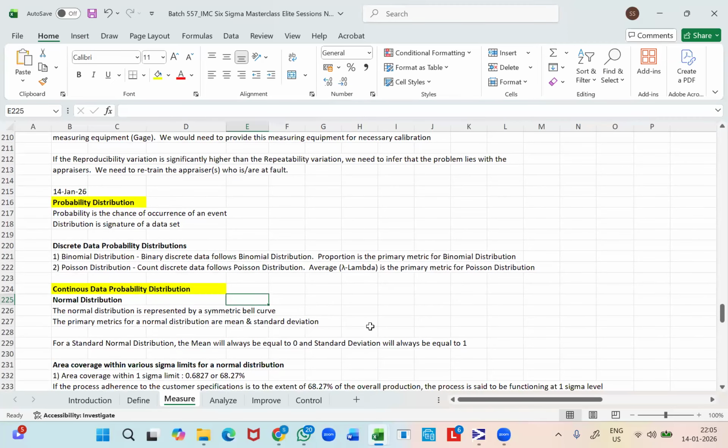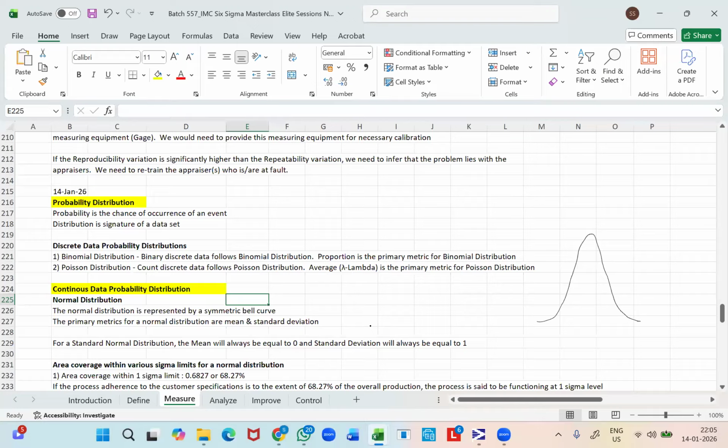And as I told you, the normal distribution will be represented by a symmetric bell curve. The moment you draw a symmetric bell curve like this, it would mean that the data distribution is normal, right? Symmetric bell curve means when we cut the bell curve into two equal halves, the left-hand side will be the mirror image of the right-hand side. Then only you can call that symmetric.